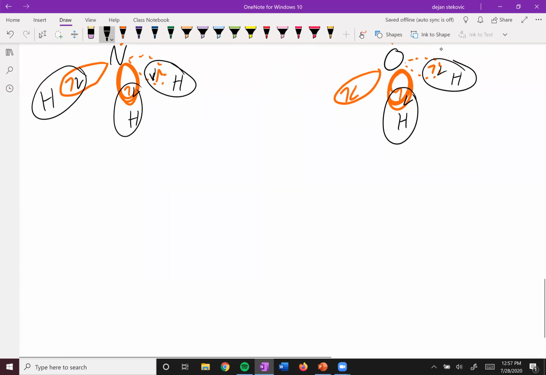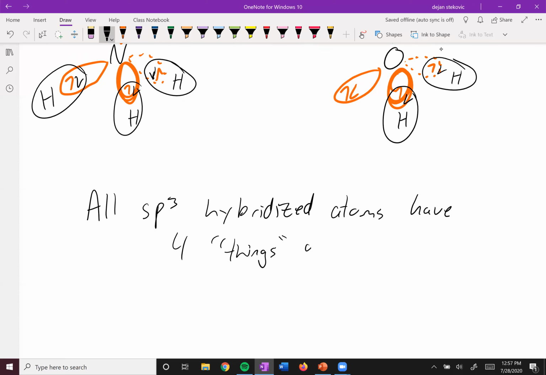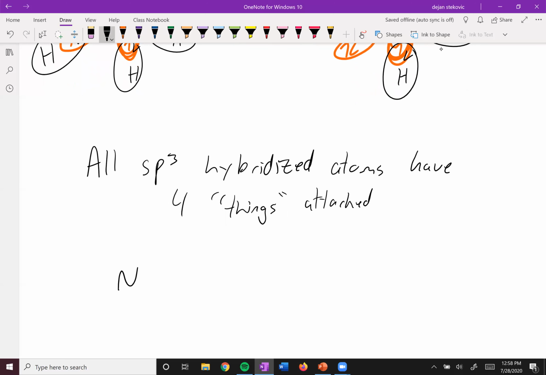Again, all sp3 hybridized atoms have four things attached. In this NH3 example, each hydrogen is 1, 2, 3, and then the lone pair is the fourth thing.